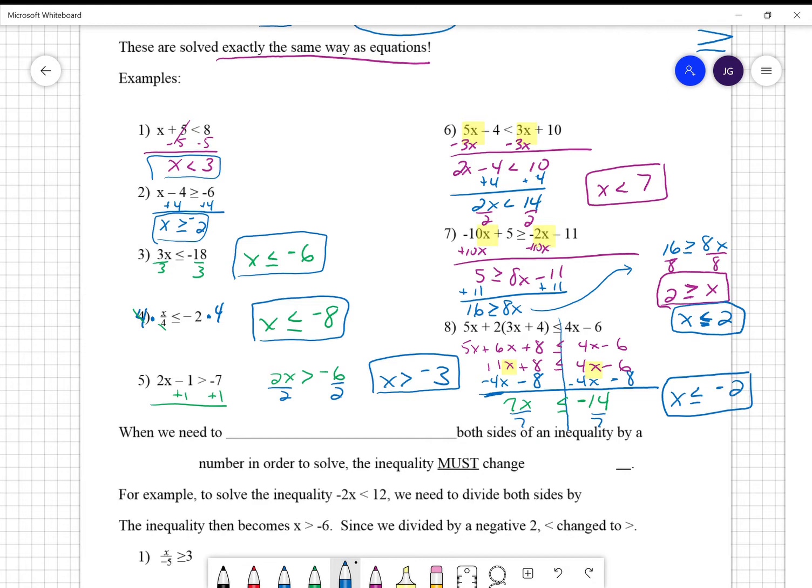Okay, so in all of these examples, all 8, we were getting x all by itself, just like we did when we did equations. Now, on the top, I said these are solved exactly the same way. Well, here's an exception.